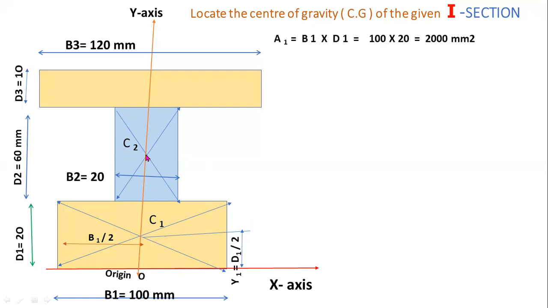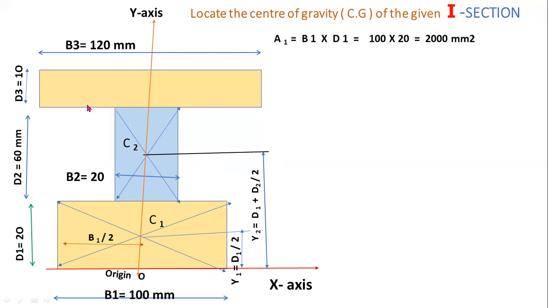Now y2 is the distance of centroid C2 from x-axis. y2 equal to depth of the bottom rectangle plus half of the depth of the web, d1 plus d2 by 2.